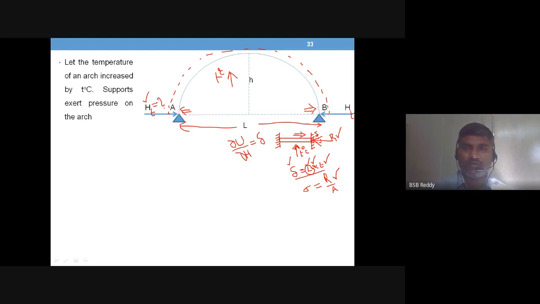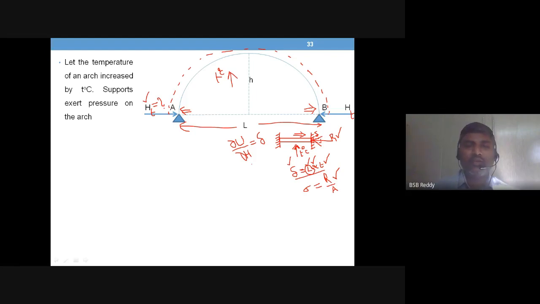Whereas vertical forces are also present wherever you have vertical forces. But the movement in the vertical direction is not there, it is zero, because this is going to hold this position. So vertical movement is not expected, right?